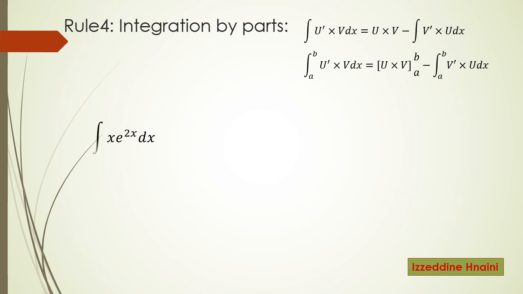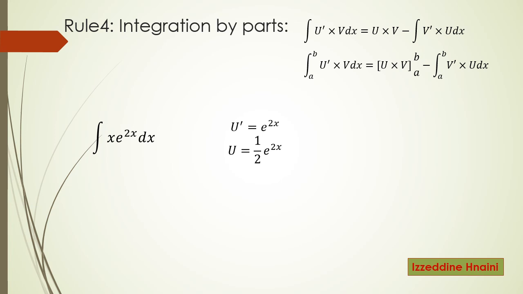For example, we want to find the antiderivative of x e^x. When we were solving integrals with ln, we took v equals ln x, while here in the exponential, we take u' equals e^x, and we take v equals x.